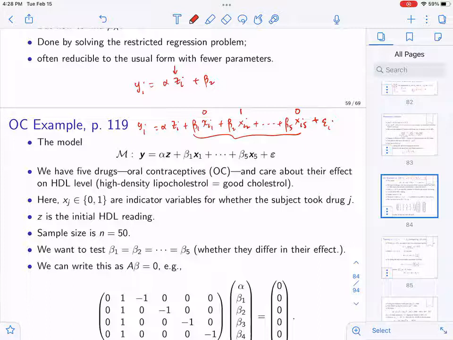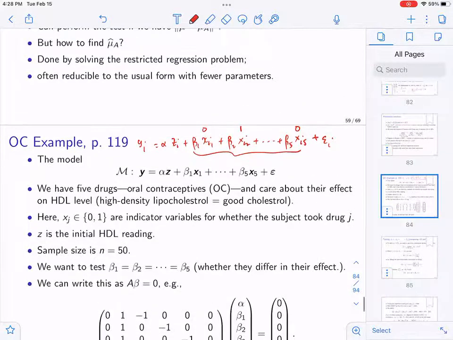That's the modeling assumption. Each drug produces a constant shift in the level of cholesterol. It could be positive or negative, but it's the same for everyone who took that drug. This indicator encoding is really useful for encoding everything into one regression.